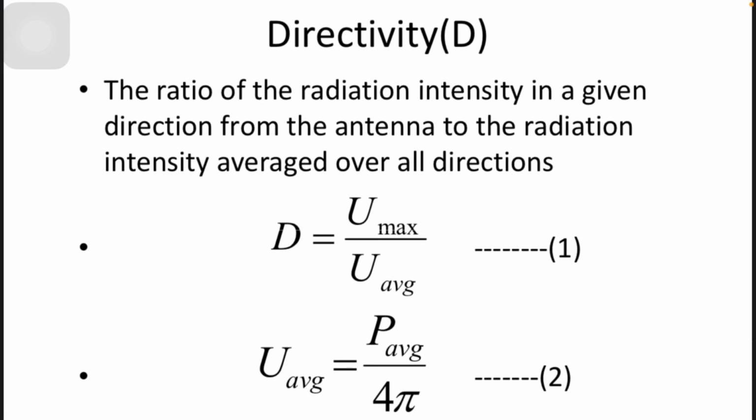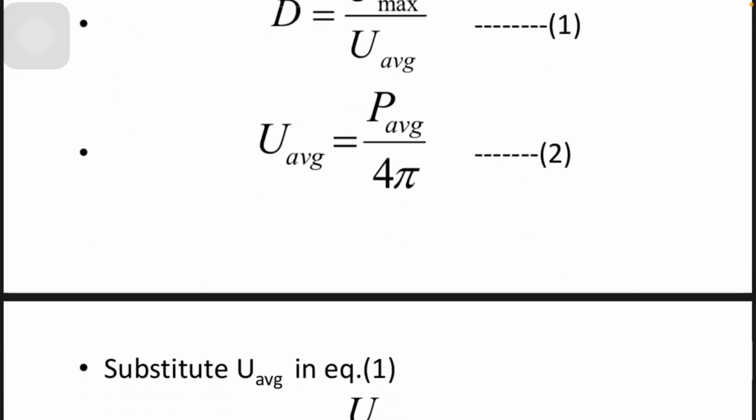Directivity D. The ratio of the radiation intensity in a given direction from the antenna to the radiation intensity averaged over all directions. D equals U max by U average, that is the first equation, and U average equals P radial by 4 pi, that is the second equation.